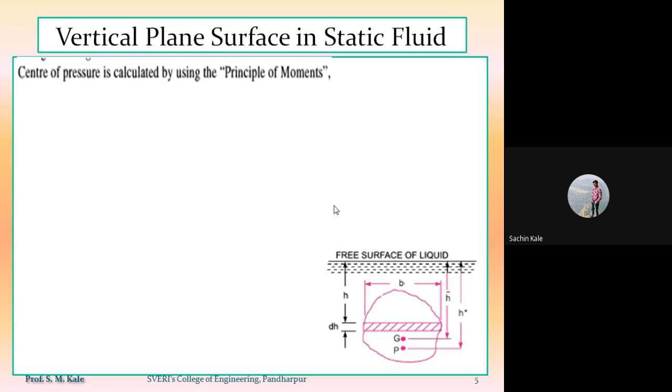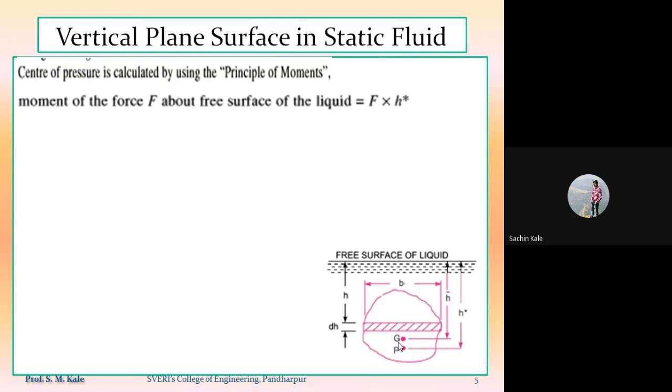That means, whatever vertical plane surface we have, we have converted it into a number of small strips. On each and every strip, force dF will be acting. And if I take the resultant force, that resultant force will act through the point P. So by using the law of moments, I am able to find the position of the center of pressure.